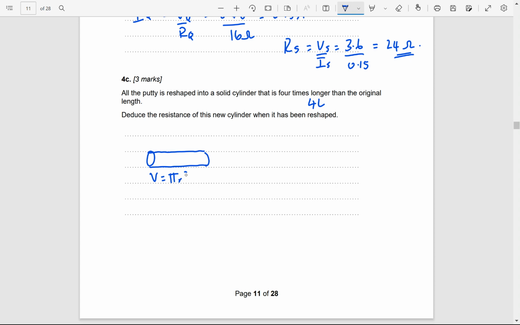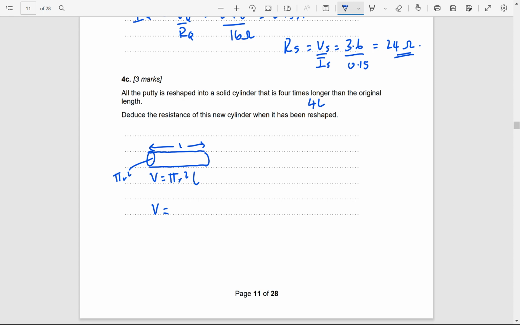Well, it's got a volume of pi r squared L. So here is pi r squared, and this is L. So it has a volume of that. Now this putty must have the same volume. You can't change the volume unless you're actually adding or removing putty, but we're not. We're just reshaping it. So the volume is going to be constant.